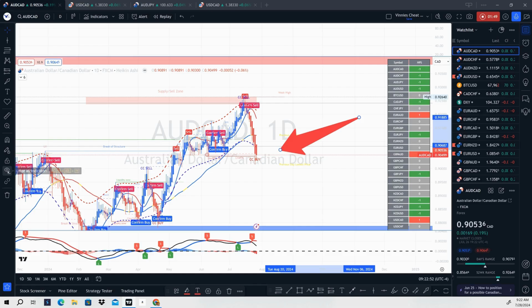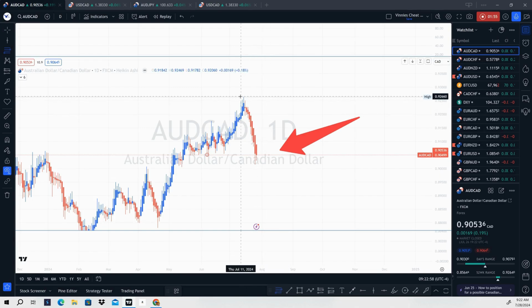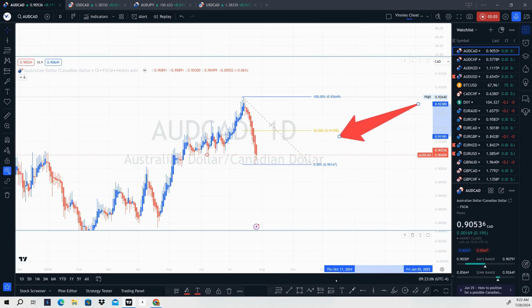So let's go ahead and get rid of the indicator real quick. And all we're going to simply do is take a fib retracement tool, and we're going to measure from the high to the low. Okay. And what I'm looking for is the 50% area, which we have right here.